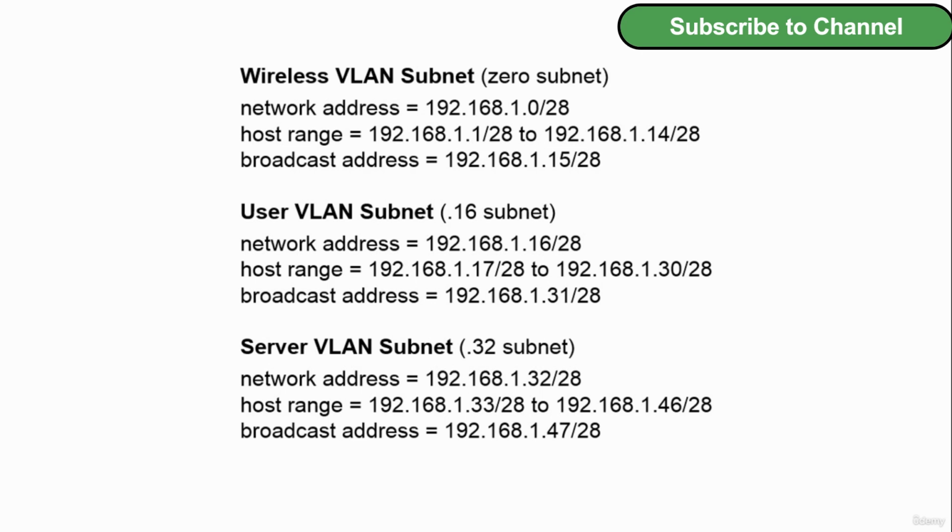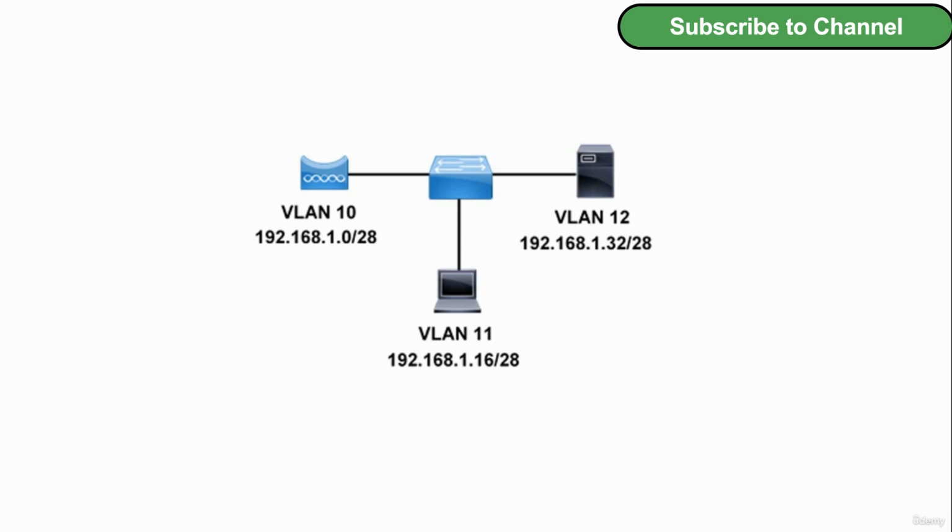The next subnet would be .48 if you wanted to add, say, another server VLAN. So the addressing, there's the layer 2 switch again, the topology. And VLAN 10, that's the wireless VLAN, and it's assigned the 0 subnet /28. VLAN 11, I've assigned the 16 subnet, and VLAN 12 is assigned the 32 subnet.